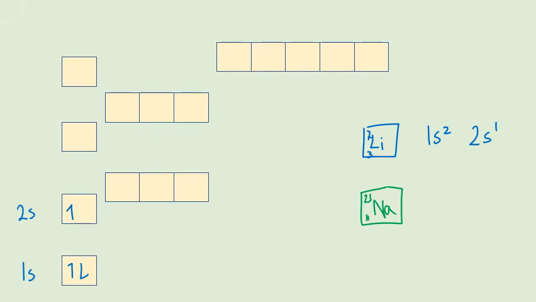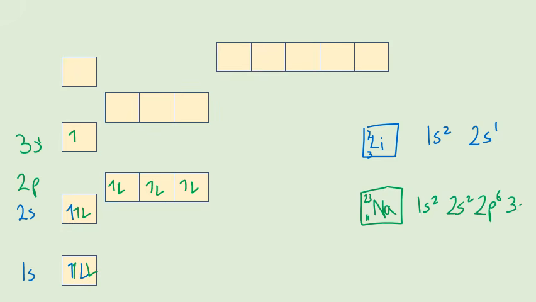Now, if we look at sodium, sodium has 11 electrons. So sodium again will be 1, 2, 3, 4, 5, 6, 7, 8, 9, 10, 11. So the electron configuration for sodium is 1s2, 2s2, 2p6, 3s1.